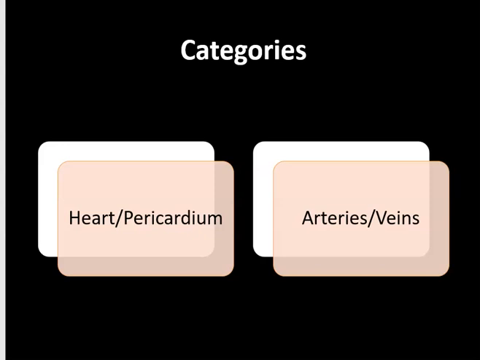Under the umbrella of cardiovascular disease, you're going to see things like blood vessel diseases such as coronary artery disease. That's when the arteries are clogged up and the blood cannot flow like it is designed to do. Other conditions your patients may have are heart rhythm diseases, also known as arrhythmias, which means that the rhythm of the heart is not beating normally. And then also patients can have conditions that they're born with, also known as congenital diseases.